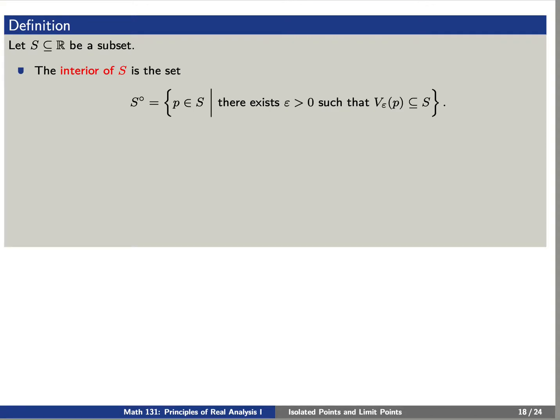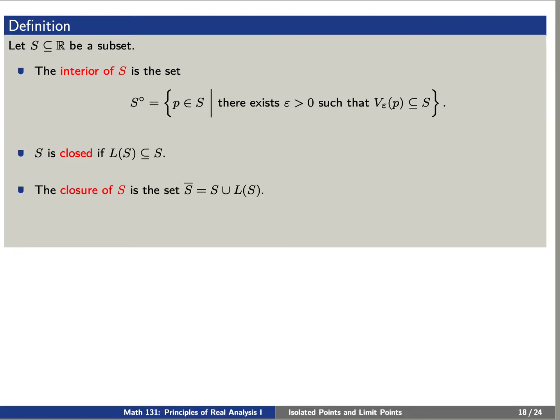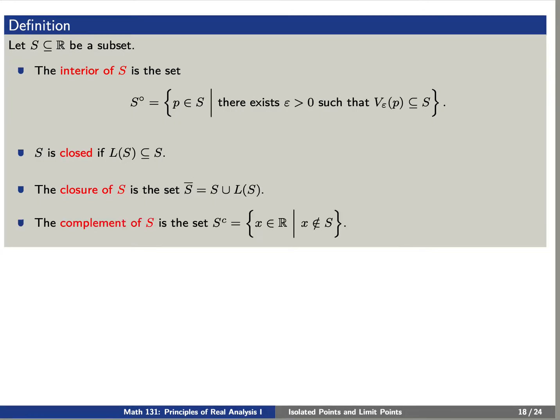Recall that in a previous lesson, we introduced the idea of the interior of a set S. This is the set of points P such that there exists some positive epsilon where V sub epsilon of P is contained in S. Next, we'll say that S is closed if the collection of limit points is contained in S. The closure of S is the set S bar, which is the union of S with its limit points. And finally, the complement of S is the set S C, which is the set of real numbers that are not contained in S.